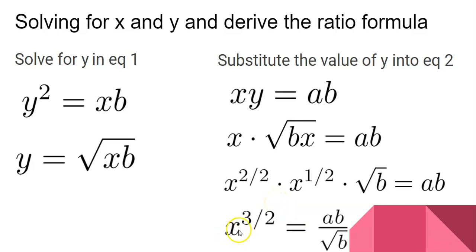So we copy x and then we add the exponents. 2/2 plus 1/2. So add the numerators, we have 3, then copy the denominator 2. We now have x raised to 3/2. And then we're going to divide both sides by square root of b. So we now have x raised to 3/2 is equal to ab over square root of b.